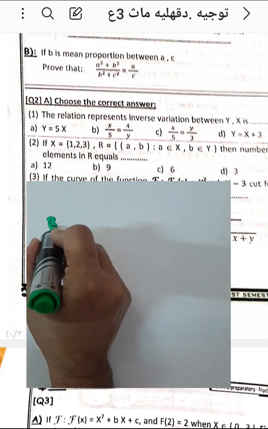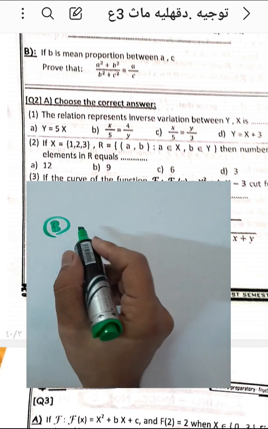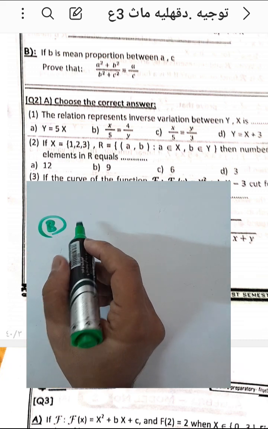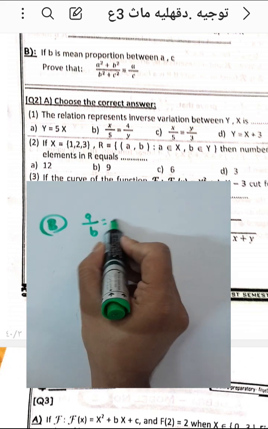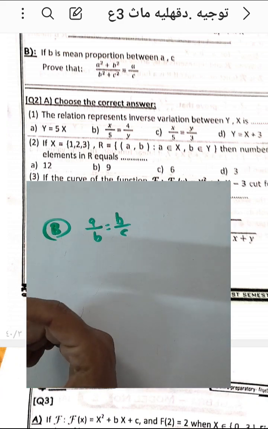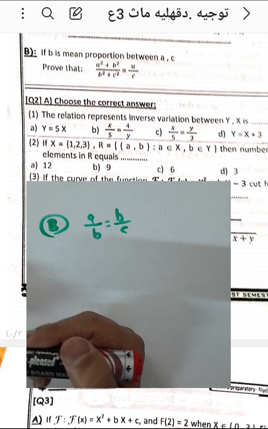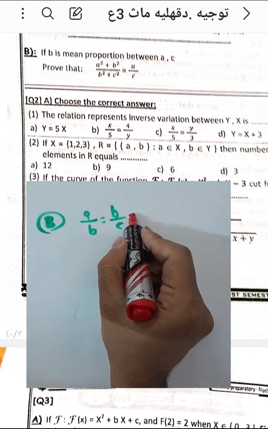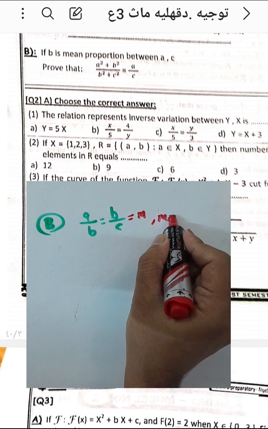Next question, letter B. If B is the mean proportional of A and C, again, if B is the mean proportion between A and C. Letter B, we have here B is the mean proportion between A and C. It means A over B equals B over C. Okay, it means B is the proportional between A and C. And then we can put here M not equal 0, it's a constant.